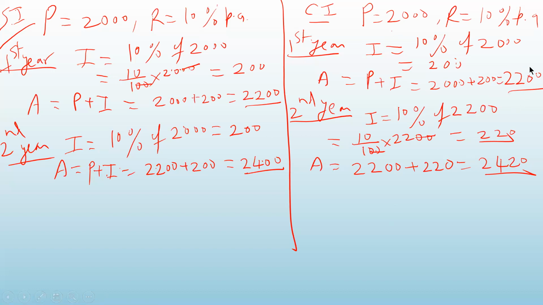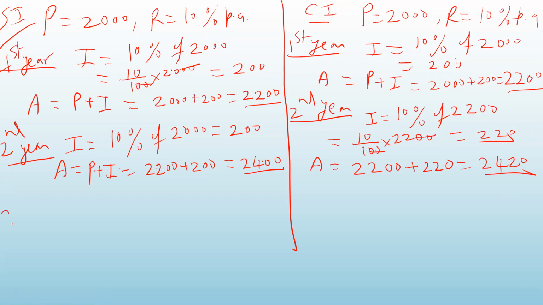The amount of the previous year is 2200, which is principal plus interest. So when you calculate the interest on this amount, you are calculating the interest on the initial amount as well as the interest on the interest. That is why you get more interest and more amount in compound interest.